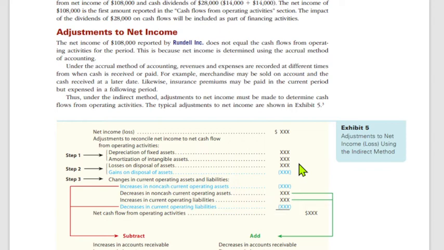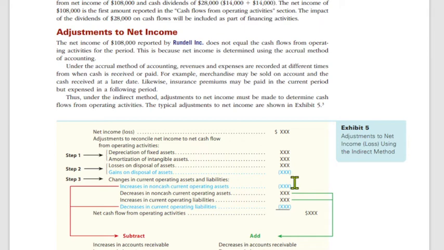Diba? Yan ay expense sa income statement, nakabawas yan as an expense. Depreciation expense, amortization expense. Pero walang lumabas po dyan na cash. Kaya dapat i-add back mo yan para ma-reconcile natin yung net cash flow from operating activities. Okay. Same is true with the losses on disposal and the gains on disposal of assets.